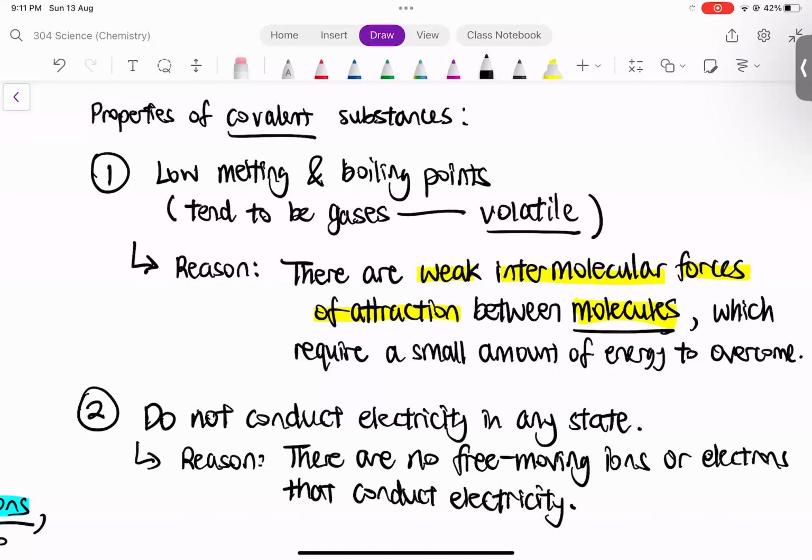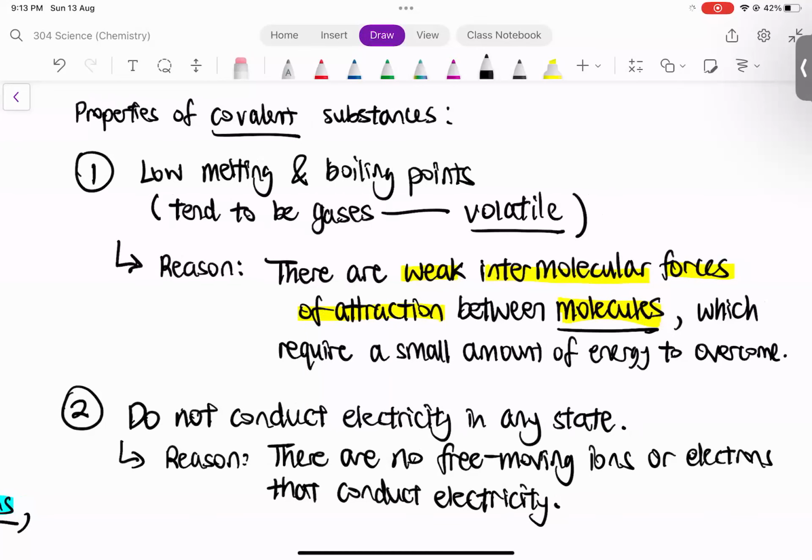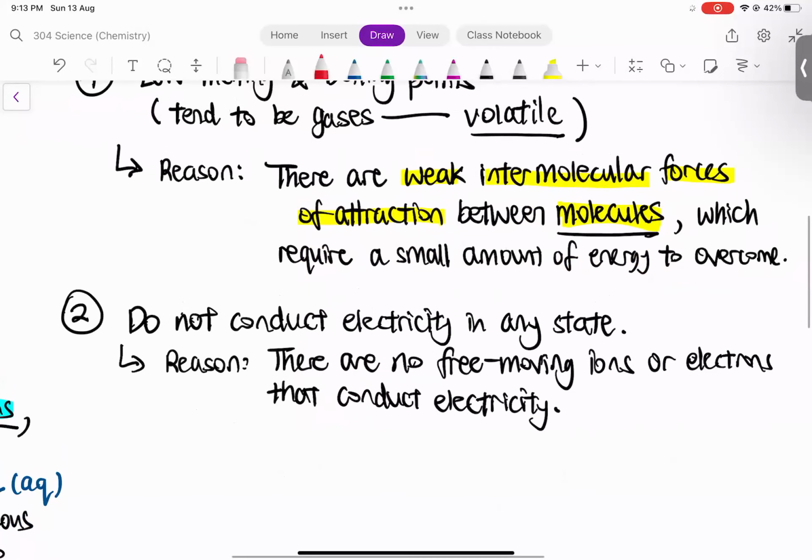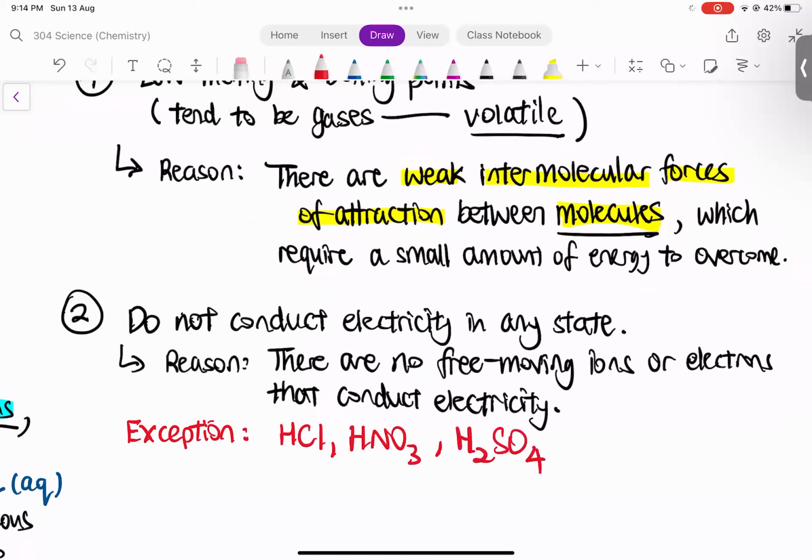So we have gone through properties of covalent substances, namely they have low melting and boiling points, as well as they do not conduct electricity at all in any state. Now, there is an exception to this rule though. The exception is HCl, HNO3, H2SO4, these are all acids.